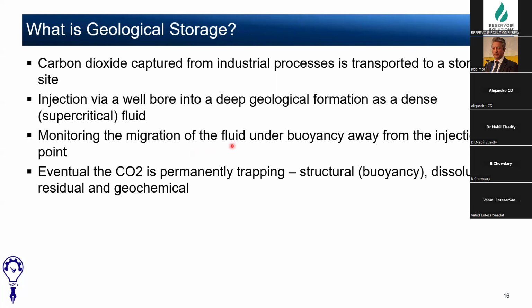And we need to ensure the CO2 is permanently trapped. We need natural trapping mechanisms to trap the CO2 permanently and safely underground by, for example, structural or buoyancy trapping mechanisms, by dissolution, residual, or geochemical trapping mechanisms, which we will talk about a bit later.